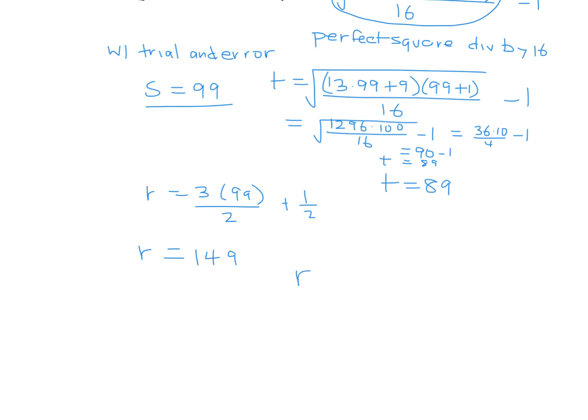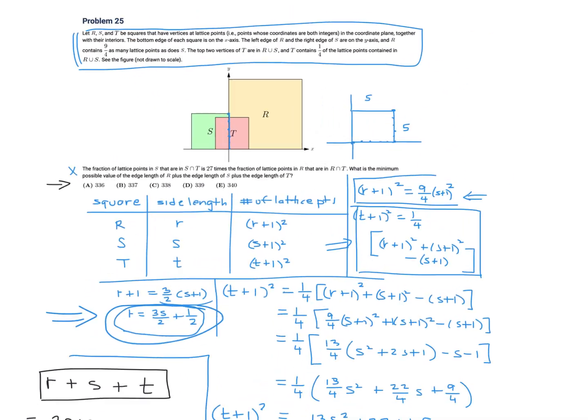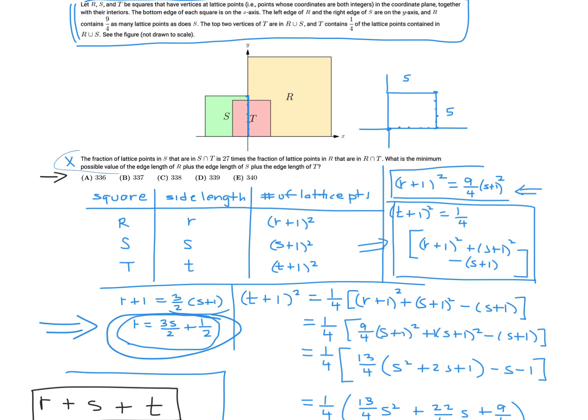So finally, our r plus s plus t is 149 plus 99 plus 89, and that comes up to 337. So with a little bit of trial and error and a little bit of approximation, without even using the second part of the question, we got 337, and that would be choice B.